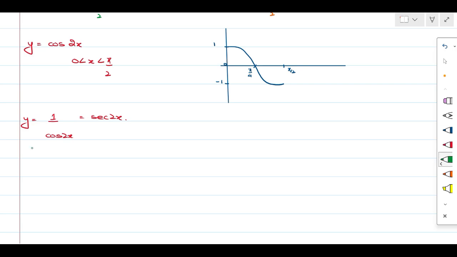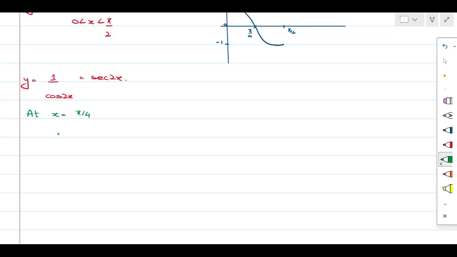So I can say at x equals pi by 4, you will get a vertical asymptote. How do we get a vertical asymptote? If I put x equals pi by 4, y equals 1 over cos of 2 times pi by 4. 2 times 1 is 2, 2 times 2 is 4. So this is 1 over cos of pi by 2.